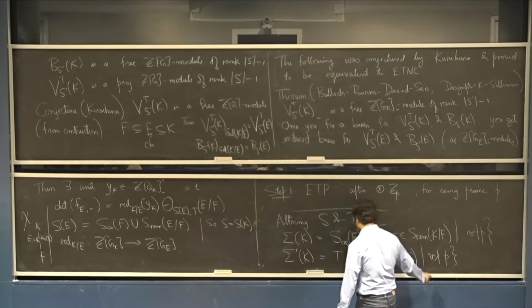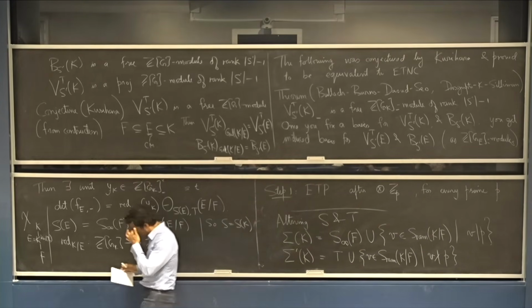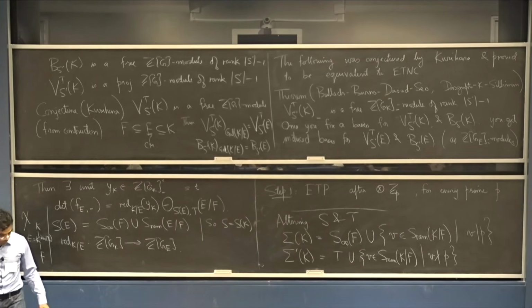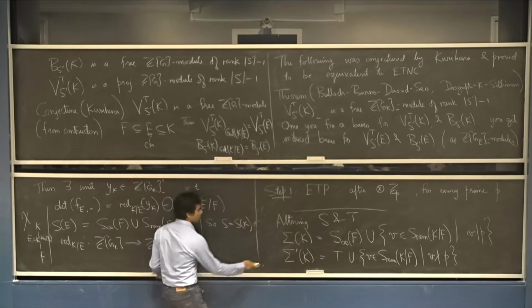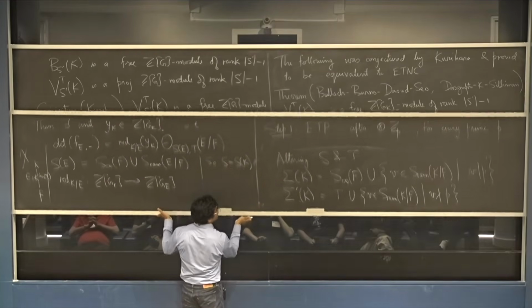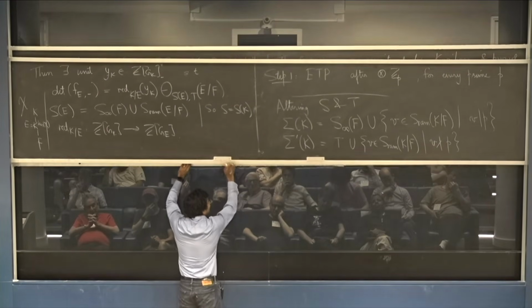So I take all the ramified places that are not above p, put them in my T, and call that sigma prime.